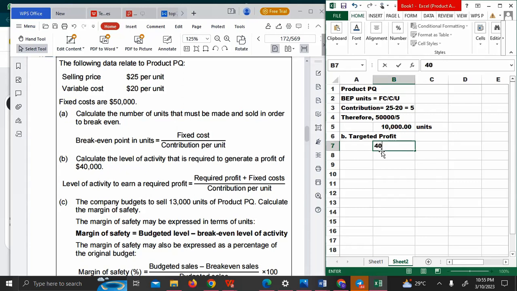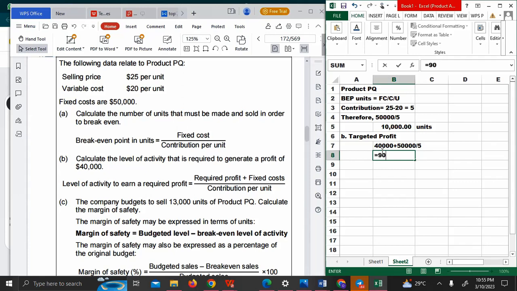So we have 40,000 plus what's the fixed cost here? 50,000, Abi. And what's the contribution per unit? Divided by 5. So that's 90,000 divided by 5. We first add the two, 90,000 first?